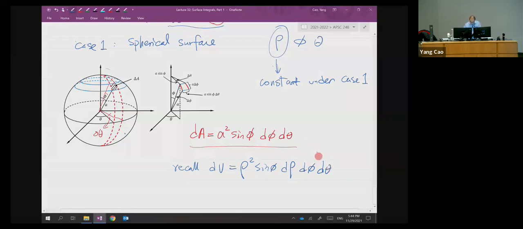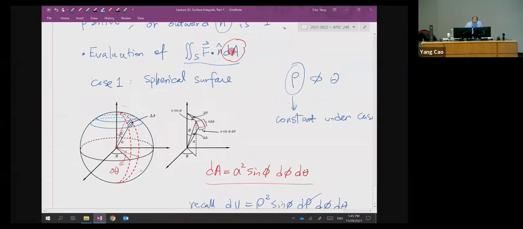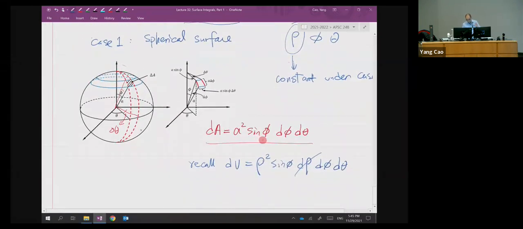If you compare these two, because we stated a moment ago that it's a surface, rho is constant. It's the radius, so rho is the radius a here. And you don't have to worry about d rho because you're not integrating in the d rho direction. So you're only left with a squared sine phi d phi d theta. That's your dA. So this step gives us the expression of dA in terms of the spherical coordinates phi and theta.